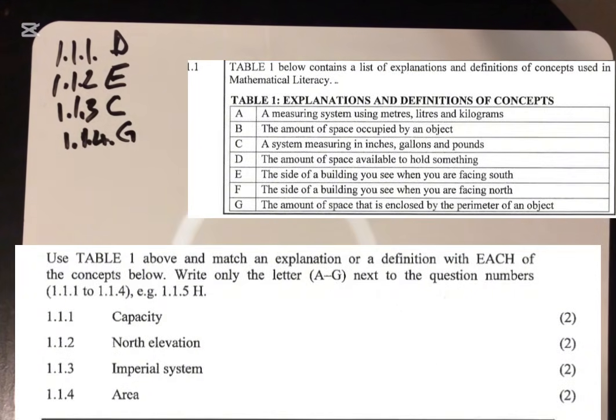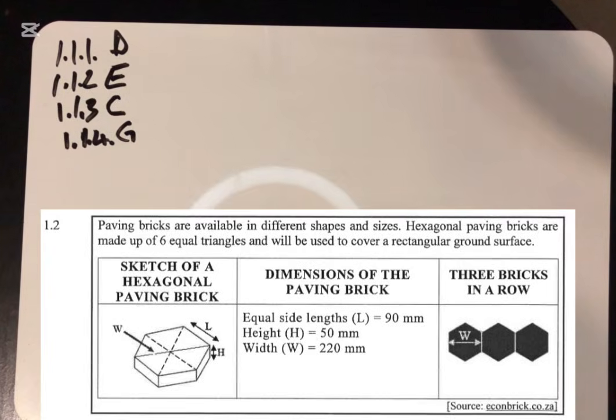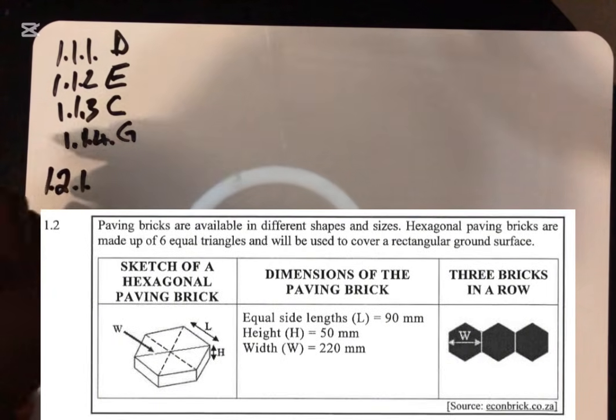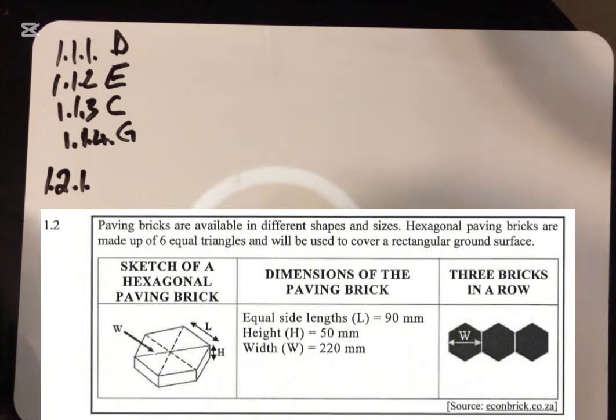So we move to the next question, which is 1.2.1. Let's read. Paving bricks are available in different shapes and sizes. Hexagonal paving bricks are made up of 6 equal triangles and will be used to cover a rectangular ground surface.